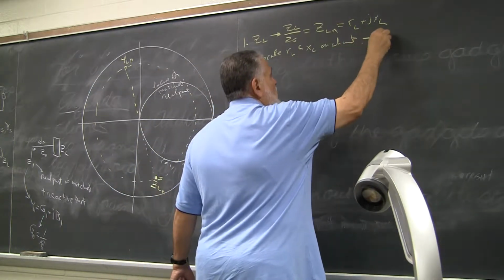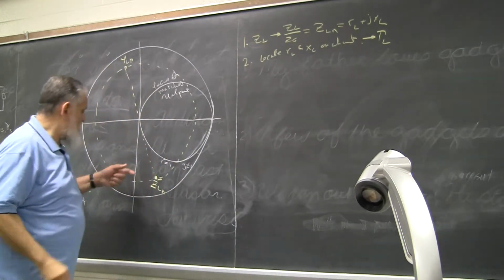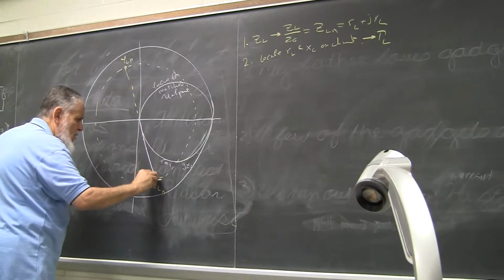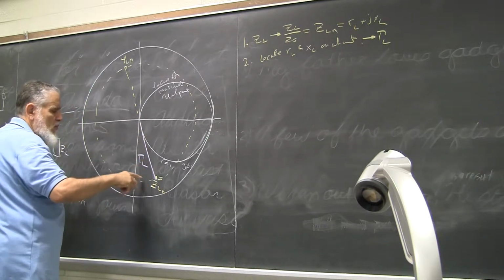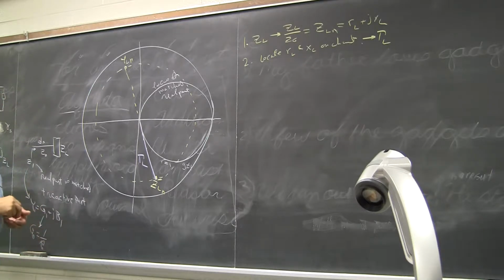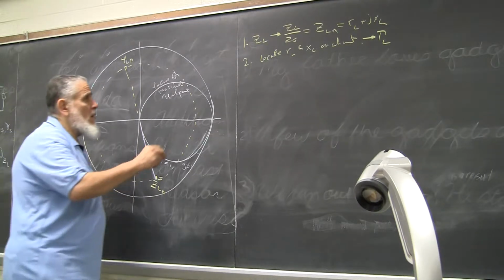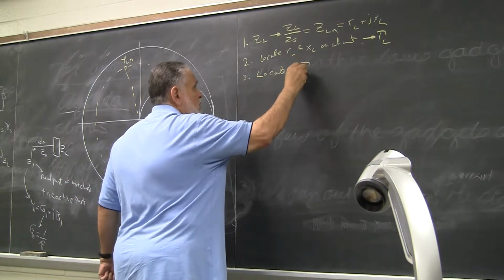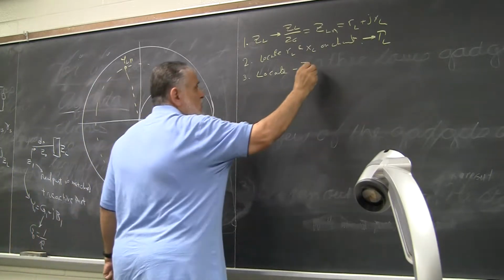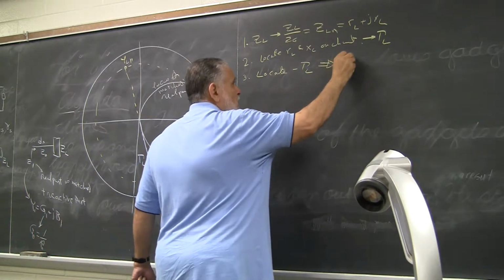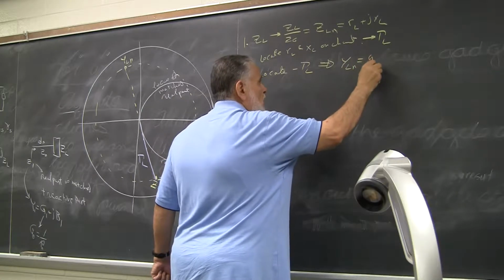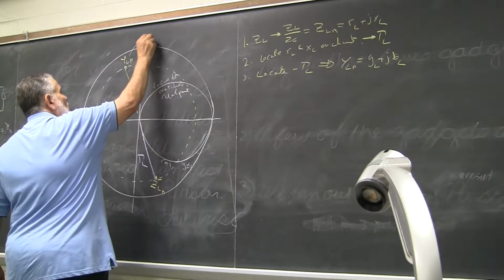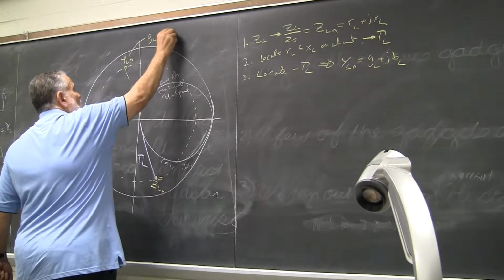That's supposed to give you gamma sub L. This phasor here is gamma sub L, with magnitude and phase. Step number 3, locate minus gamma sub L. That gives you Y sub L normalized, which is GL plus JBL.